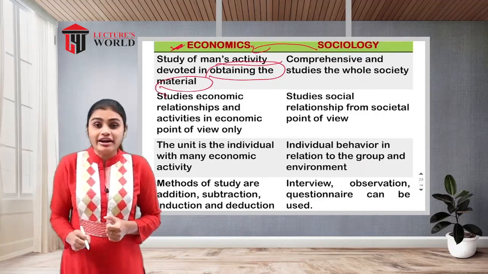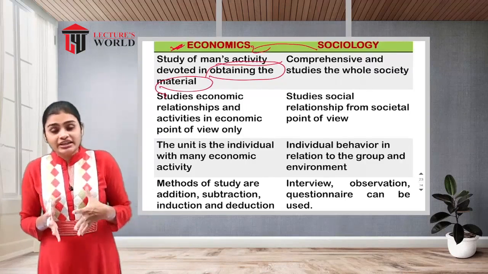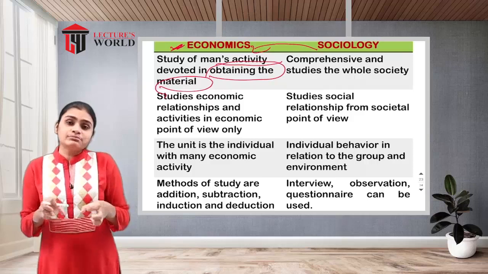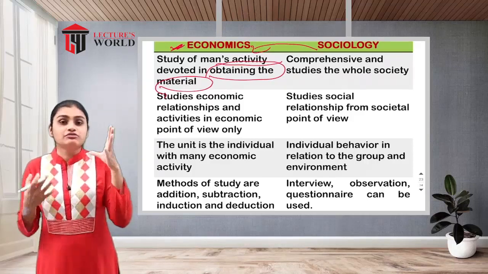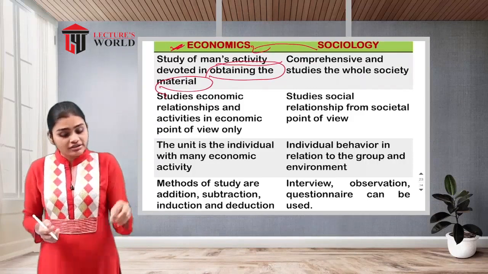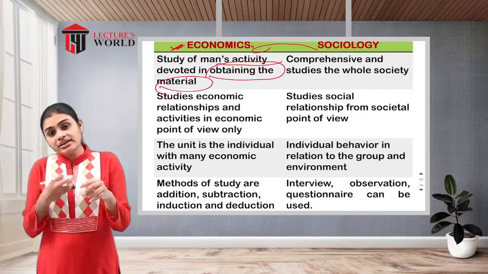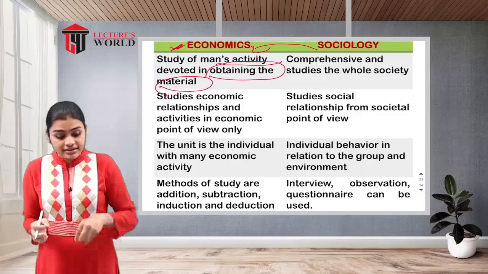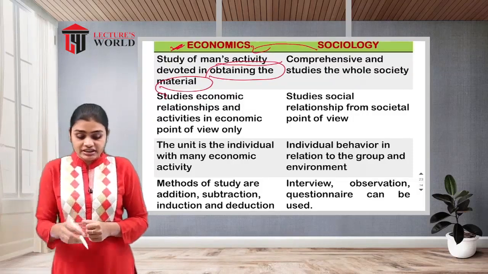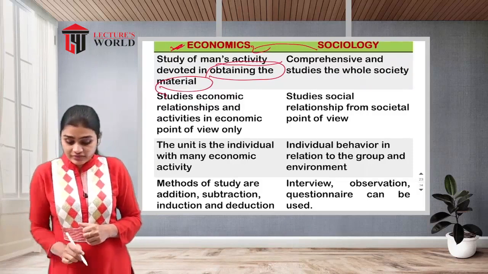That means whatever activity men are doing is devoted to getting some materials. So that is the economy. To get some economy only, men are doing their activity. All the things about obtaining some materials will be learned under economics.